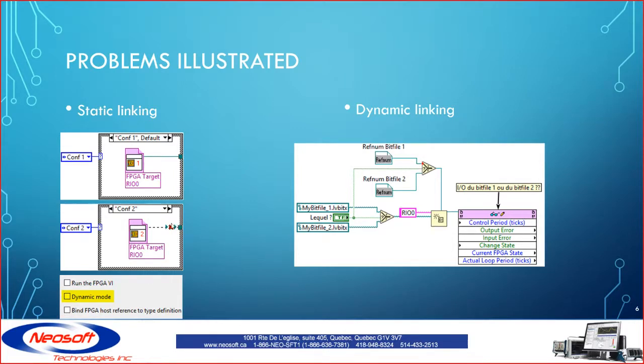LabVIEW will refuse it because the type defs are not equivalent, so one of the wires may break. Actually, the first one will work, but all the following configurations or type defs will break.